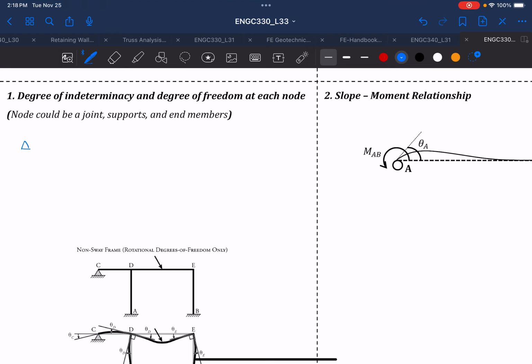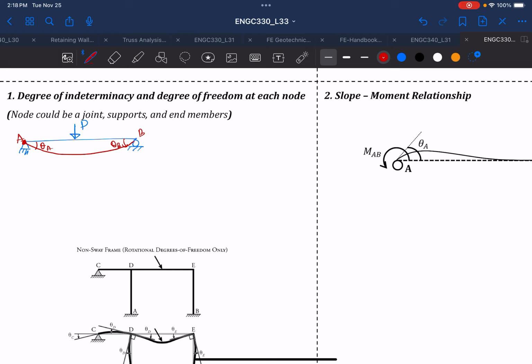So let's say that you have a simply supported beam, a pin joint and a roller, and you are applying a load P. We know that this beam will behave in this way. In this case, this is theta A, and this will be your theta B. A node is always considered as a joint, support, or the end of a member.